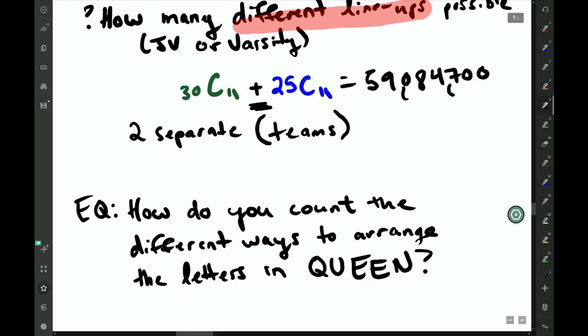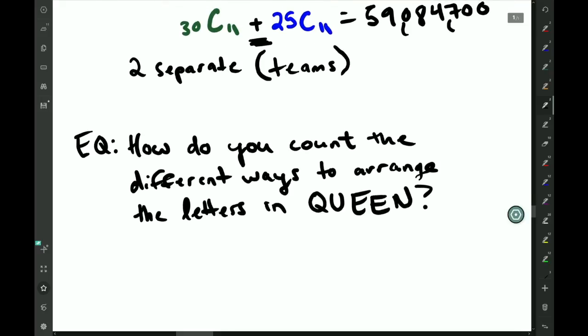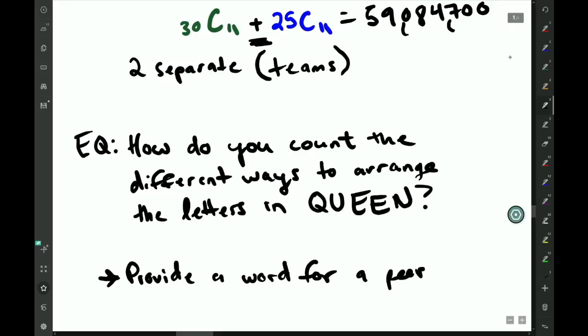So how many ways can you arrange those letters? And also, for you, provide a word for a peer to rearrange.